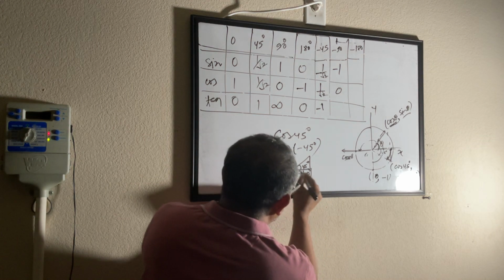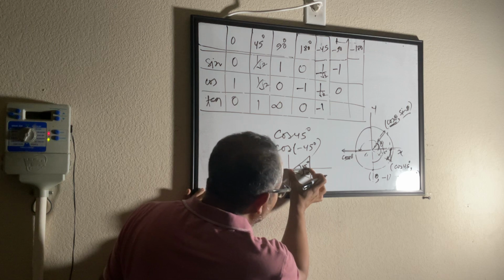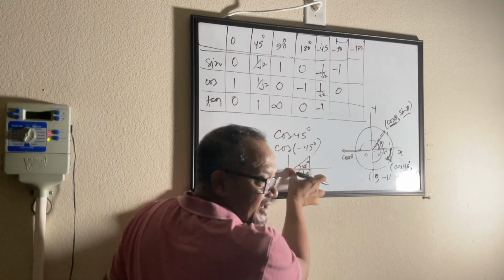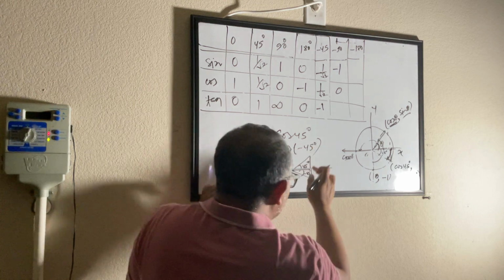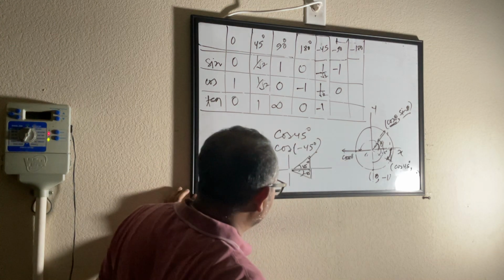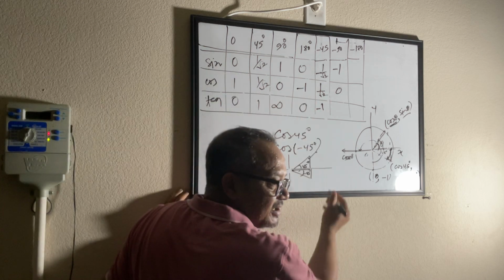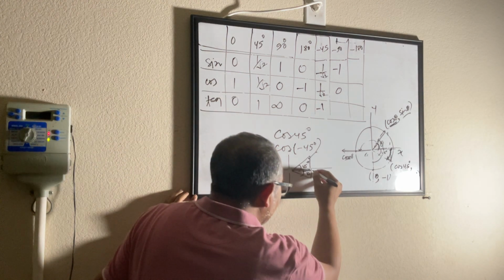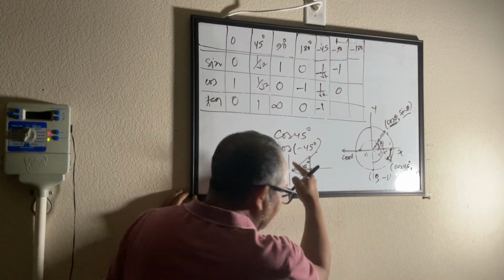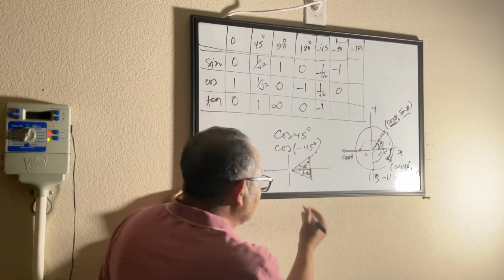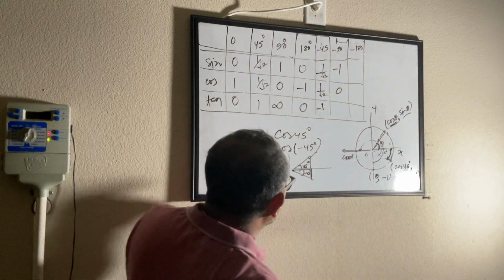If you visualize this against the coordinate plane, your x value remains the same, be it positive, be it negative. Only your y value changes. In the first scenario, y value is along the positive side of the y axis, so it will be positive. In case of minus 45 degree, y will be along the negative side of the y axis. So whatever is the absolute length, you will put a minus to it.